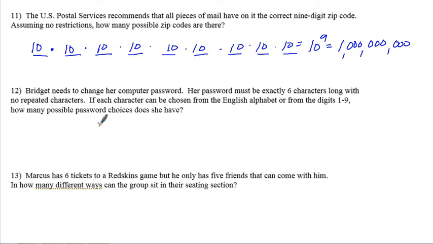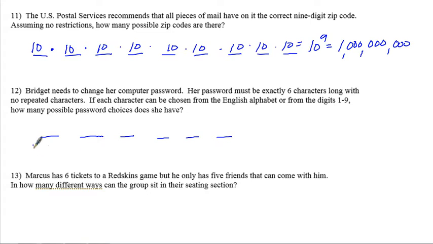Alright, now if we've got a password situation. The password has 6 characters and is not allowed to have repeats. We can choose from the English alphabet or from the digits 1 through 9, not with 0. How many possible password choices does she have? So each position in the 6 characters, 1, 2, 3, 4, 5, 6, each position could be a letter or a number.